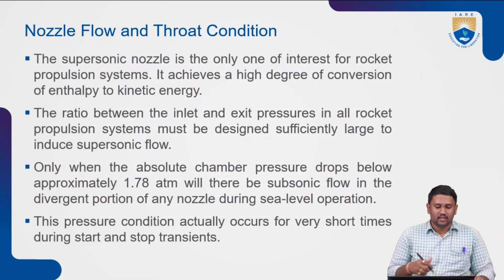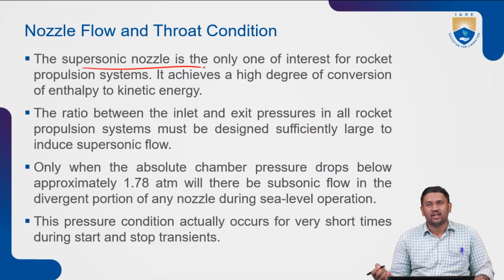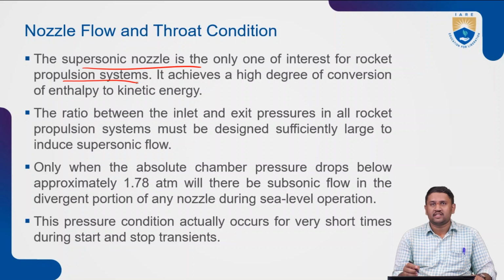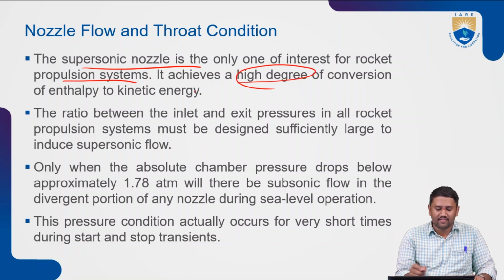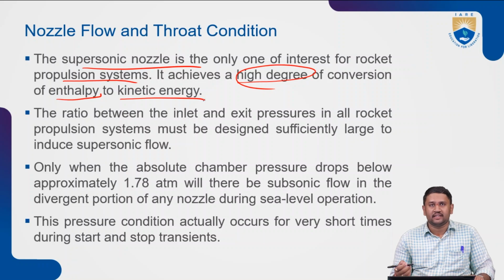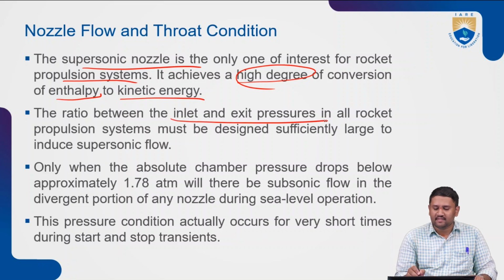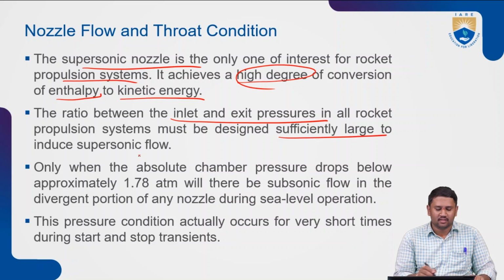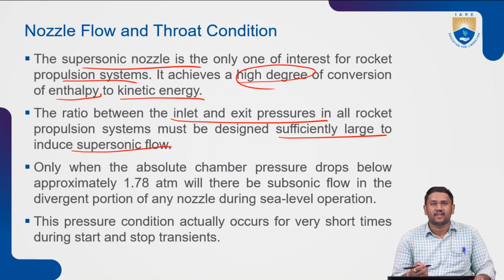Now, the supersonic nozzle is the only one of interest for rocket propulsion systems, because it achieves a higher degree of conversion of enthalpy, particularly the heat energy, into kinetic energy. The ratio between inlet and exit pressures in all rocket propulsion systems must be designed sufficiently large to induce supersonic flow.